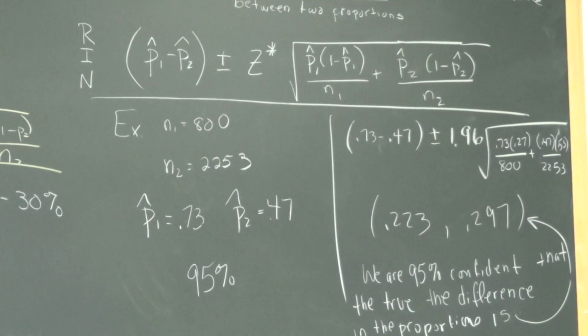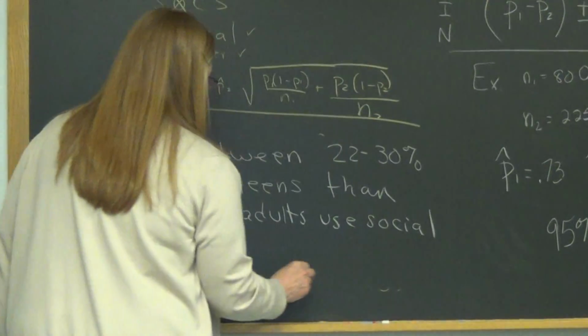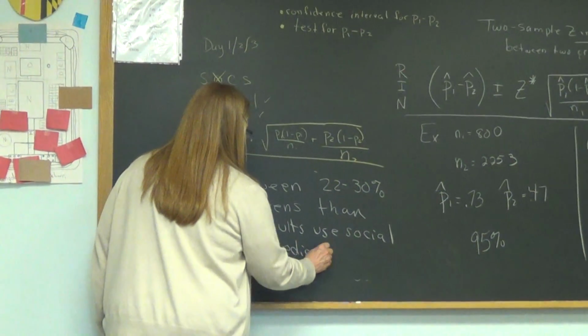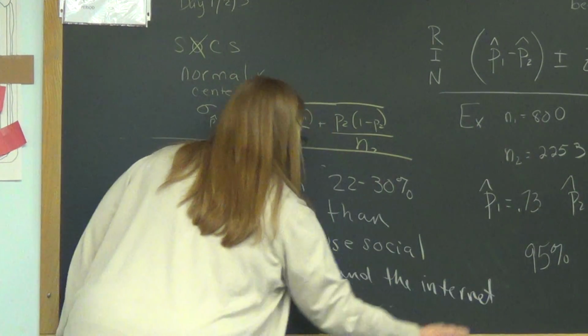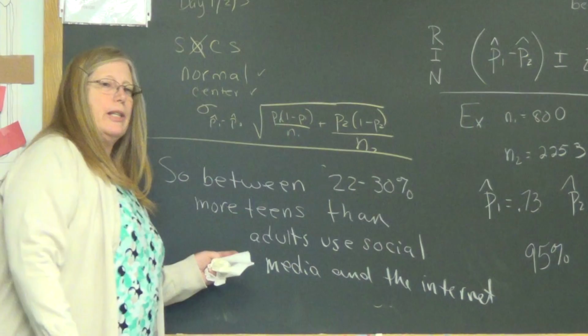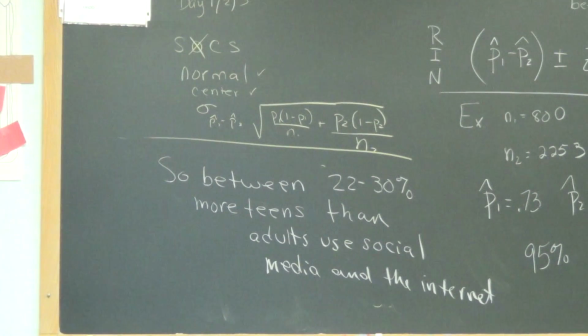So between 22 and 30% more teens than adults use social media and the internet. So that's the practical conclusion we can make.